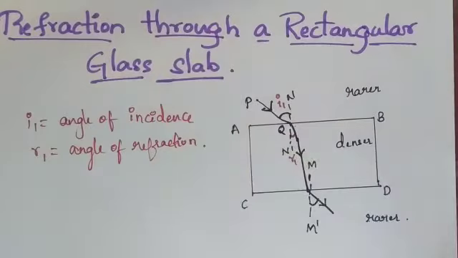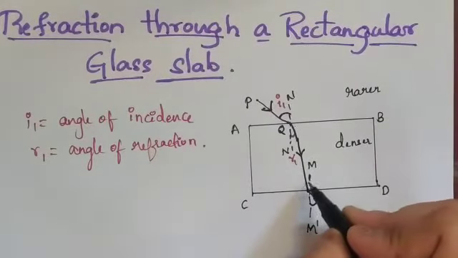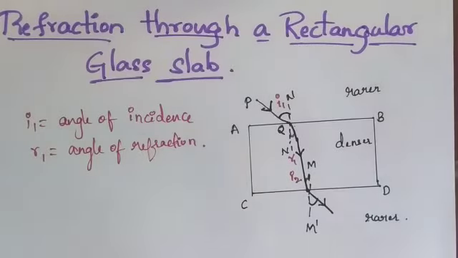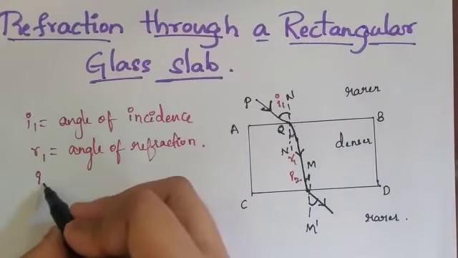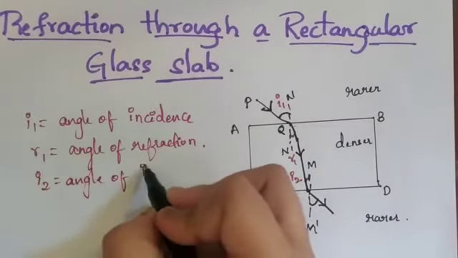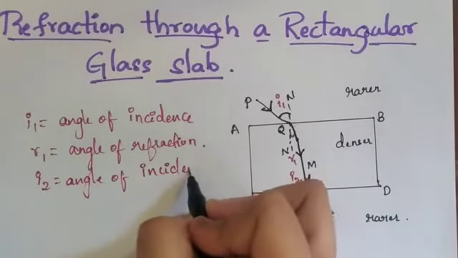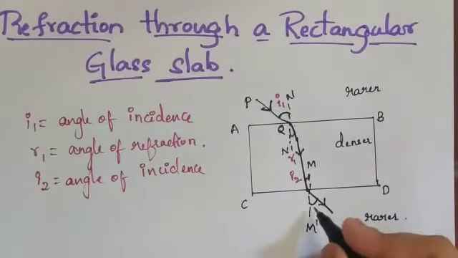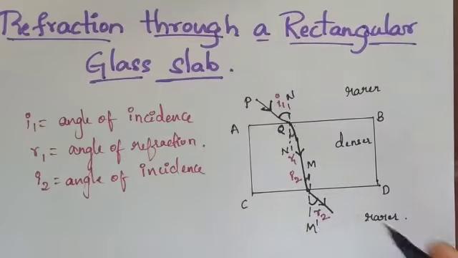Now after that you can see this is one angle which is forming. I am going to take it as I2. This I2 is also an angle of incidence, as it is incident from the denser medium to the rarer medium. This I am going to denote as R2.